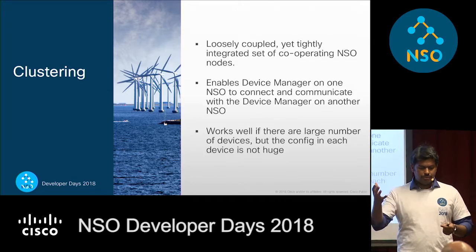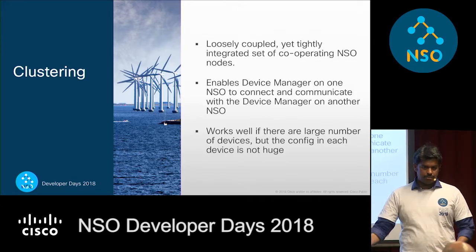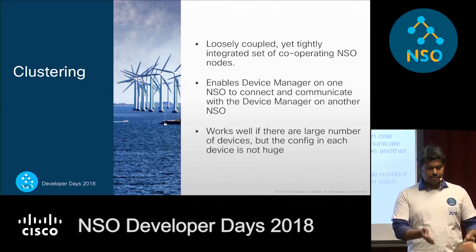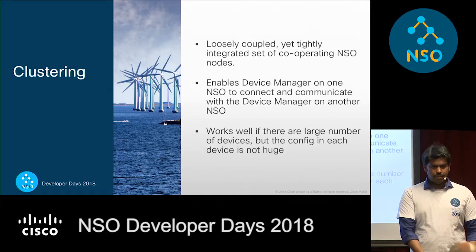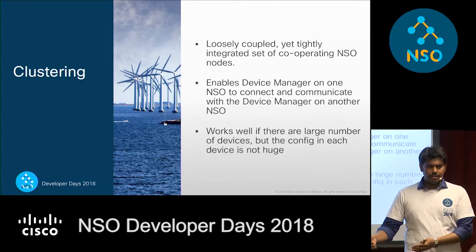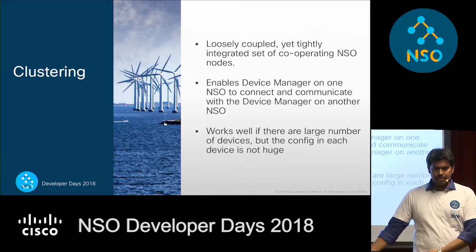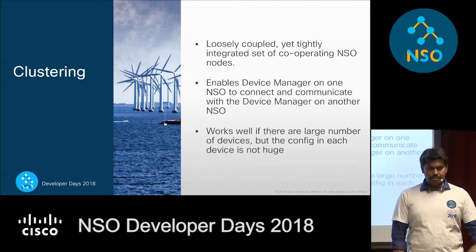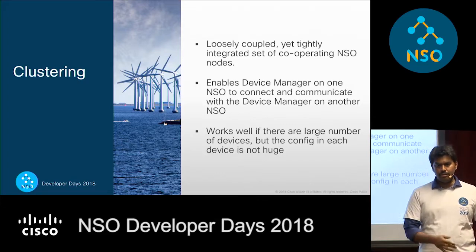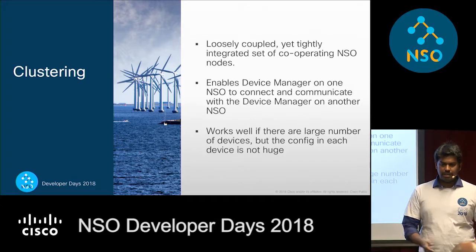Let's say you have one node on top and two nodes at the bottom that each talk to 5 devices. The first node in the lower layer has the config of its 5 devices, and the next node has the config of the other 5, because this NSO doesn't know about the devices in the other NSO, so there is no need to replicate config across both nodes.